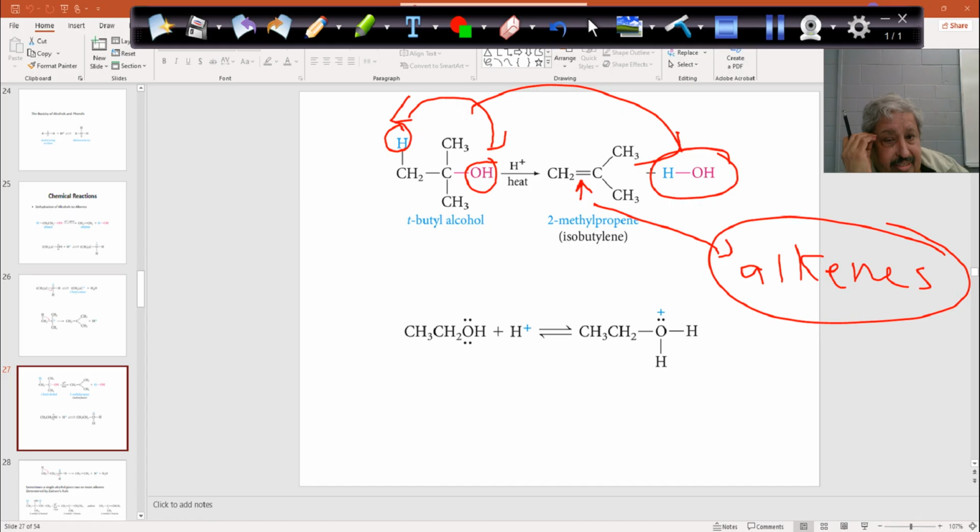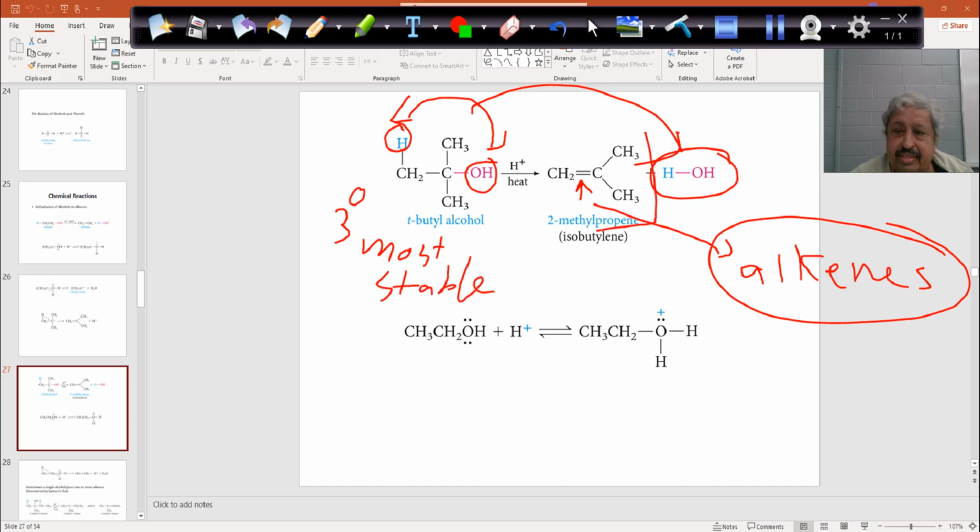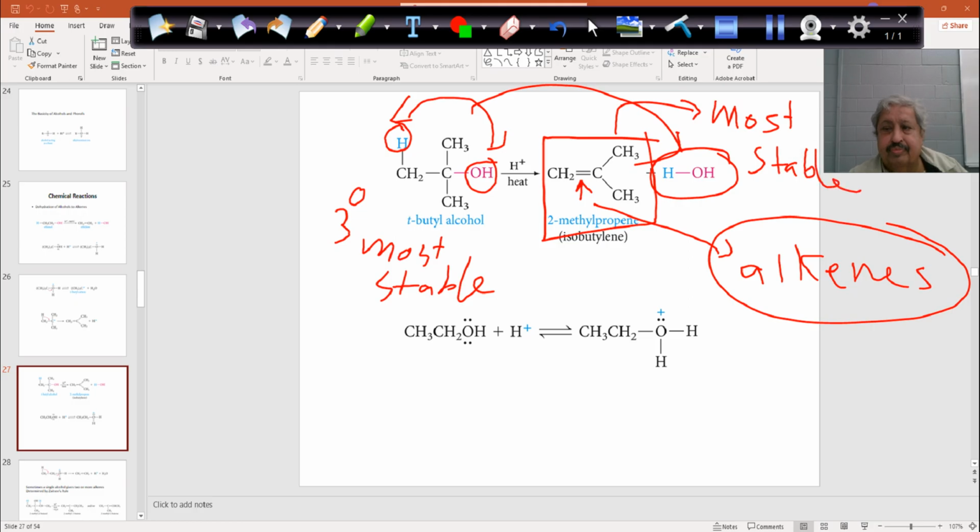Now depending on this alkene, the stability will come from where? From the alcohol. This is tertiary alcohol. Tertiary alcohol is the most stable. So I can expect the alkene here is most stable because it's coming from the most stable alcohol.